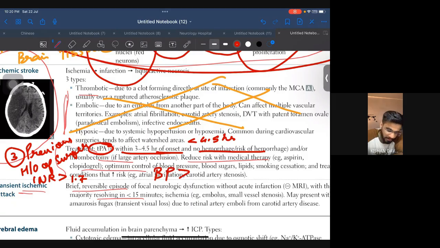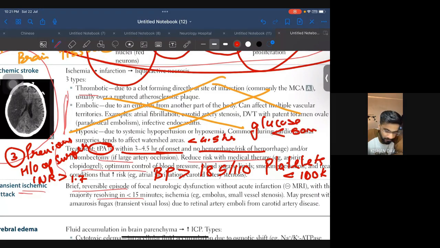BP greater than 185 by 110. Platelets less than 100K. And glucose less than 50 mg per deciliter. And the last one is PTT is elevated.